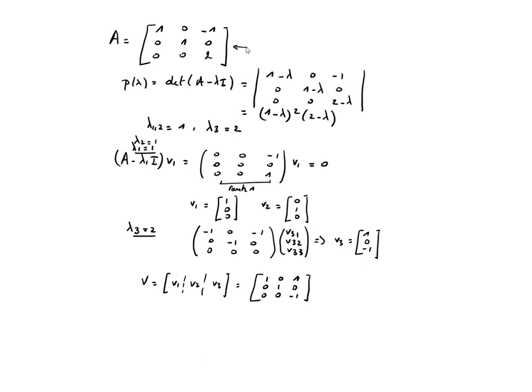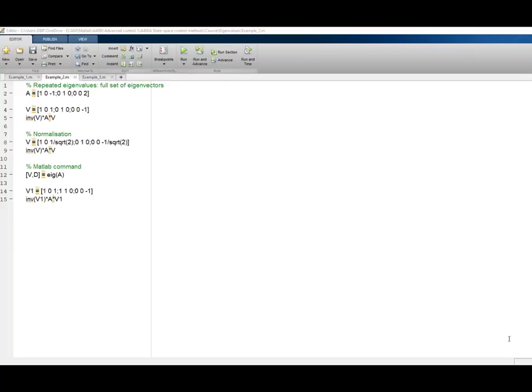Okay, and V^-1 A V will be the diagonal matrix with the eigenvalues on the diagonal, and this will be lambda. So here we have a double eigenvalue, but we're still in a case where it's possible to diagonalize the matrix A. So let's check this second example in MATLAB.